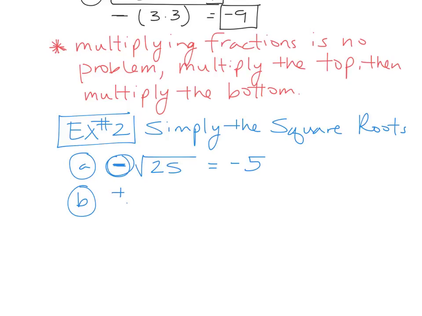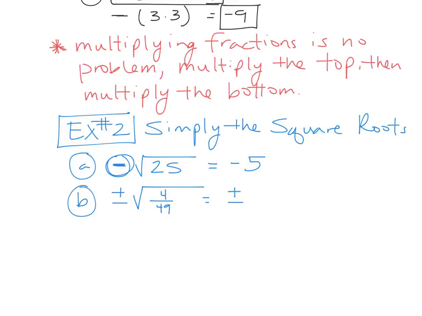Whereas sometimes they'll do it like this. They'll say positive and negative square root of 4 over 49. Okay, so because they have the positive and negative of it, your answer needs to be positive and negative. So you're going to put the plus and minus right on top of each other. And then what's the square root of 4 over 49?